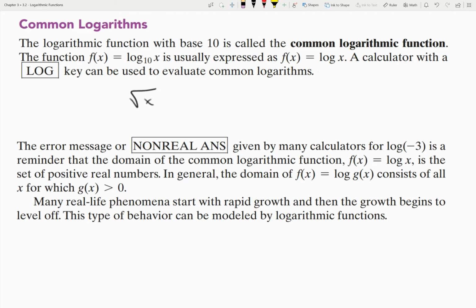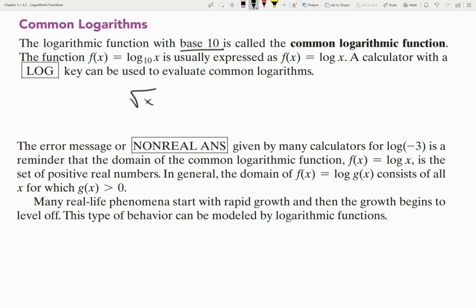Same thing we can do with common logarithms. A logarithmic function with a base 10 is typically called the common logarithmic function. This is because our mathematical system works with base 10 numbers. Every time you add a digit, you're adding a power of 10. It happens to be the logarithm that happens the most often.